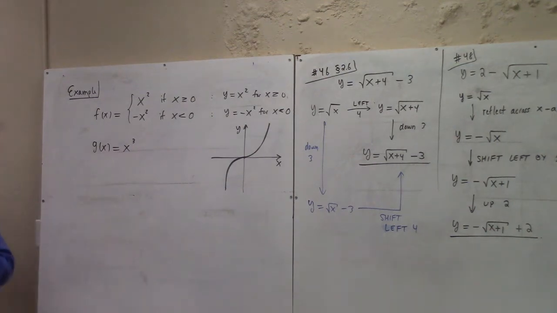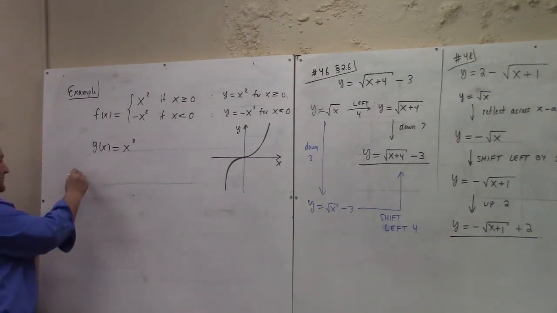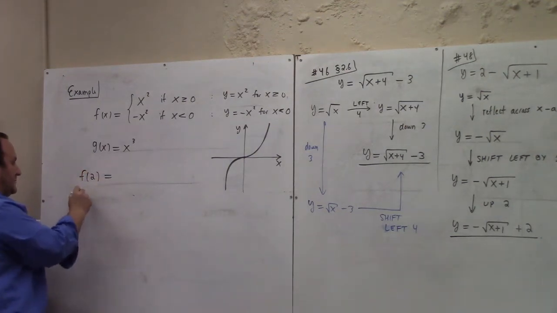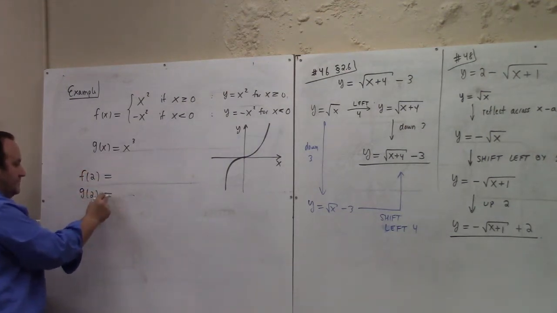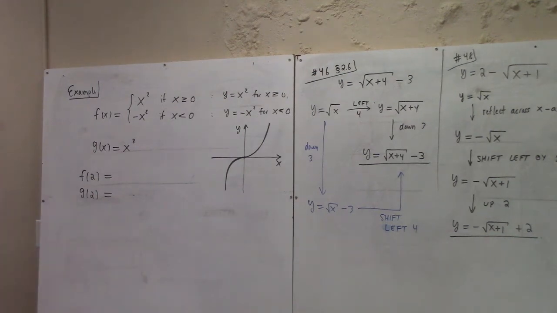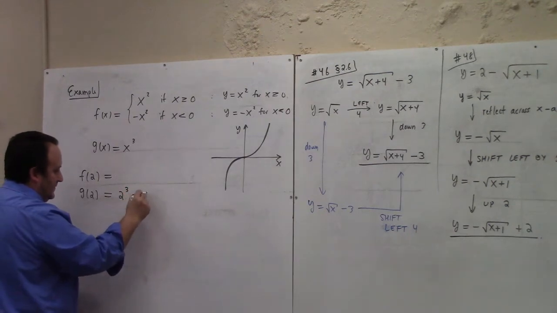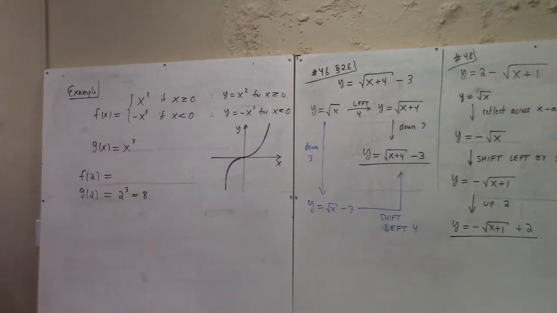Let's calculate, what is f of 2 versus g of 2? Oh, g of 2 is what? Yeah. 2 cubed, which is 8, right? What's f of 2?